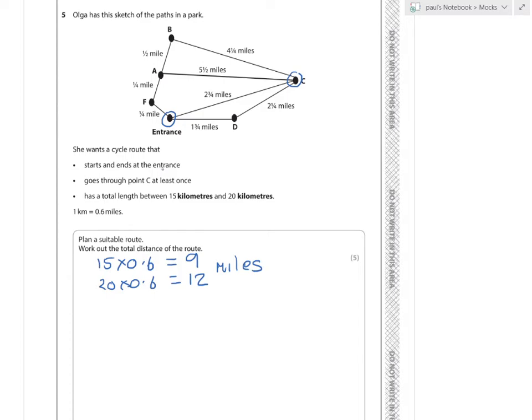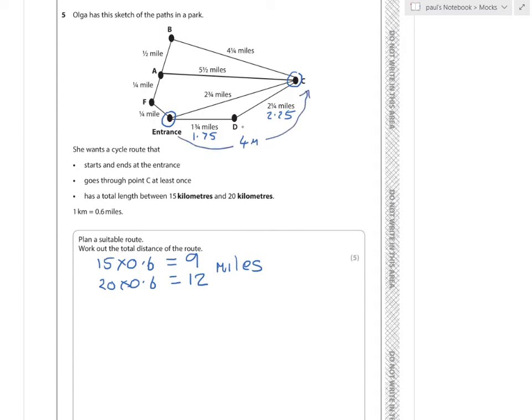She starts and ends at the entrance and goes through point C at least once. So, if we come along here, which is 1.75, 2.25, so if she goes that way, that's 4 miles going that way to there.